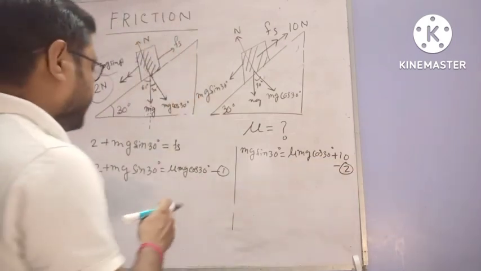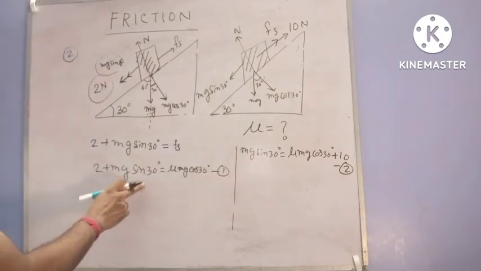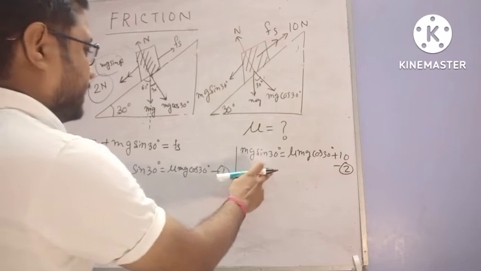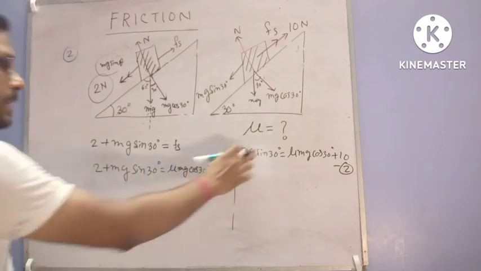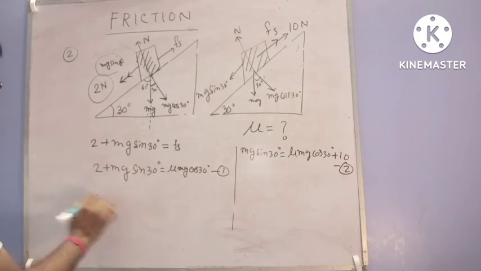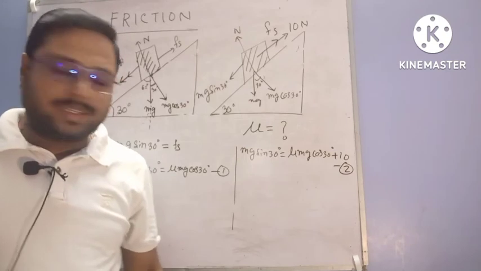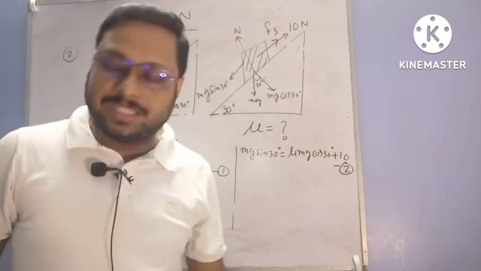Now, if we solve these two equations, putting the values of mg sin 30 and mg cos 30 and solving, we can get two equations. Solving equations 1 and 2, I know you can solve it easily.